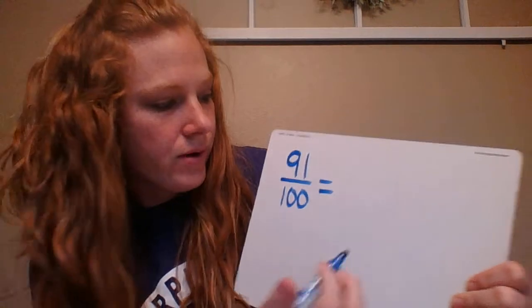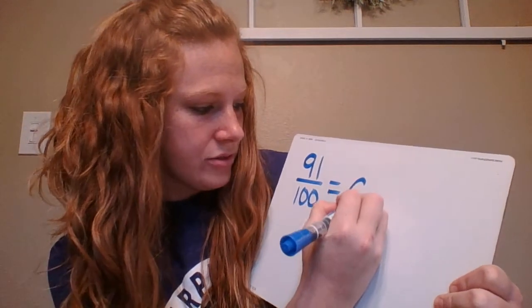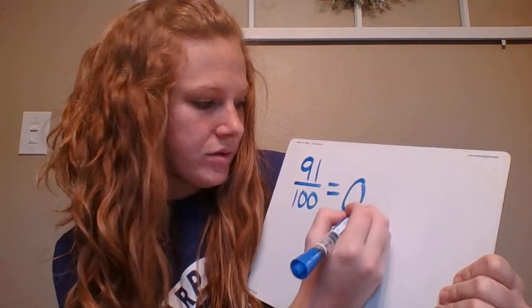So with that being said, I want to convert fractions that are in the hundredths place into decimals that are in the hundredths place. So if I were to show you a fraction, let's do 91 hundredths, I would write that as 0 because there's no whole number.